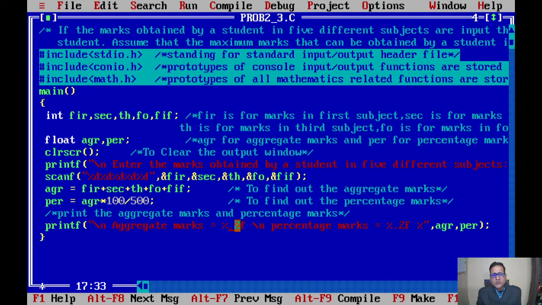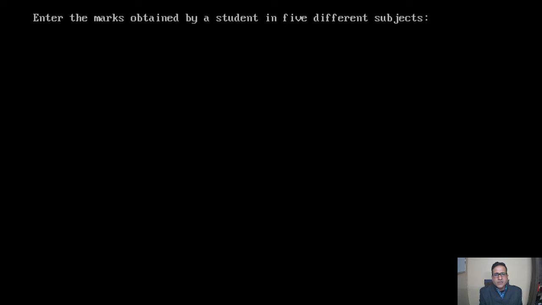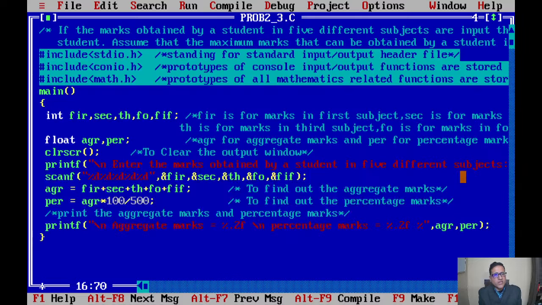Here I again use %0.2f for 2 decimal places, you can see here, and now compile it by pressing Ctrl F9. So we can enter numbers like 78, 89, 56, 76, 43.